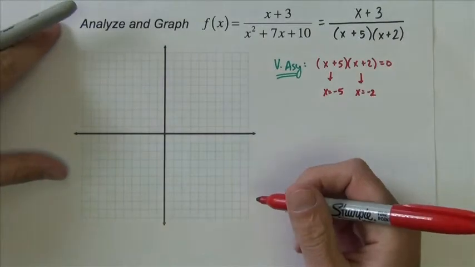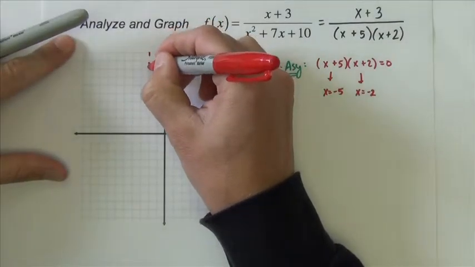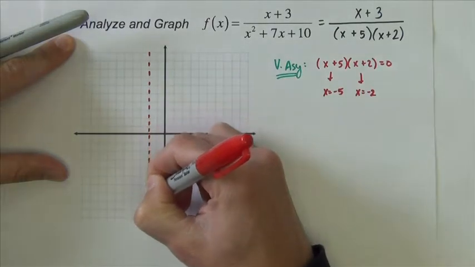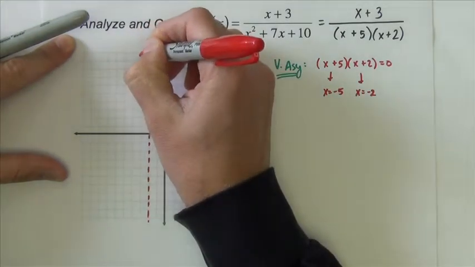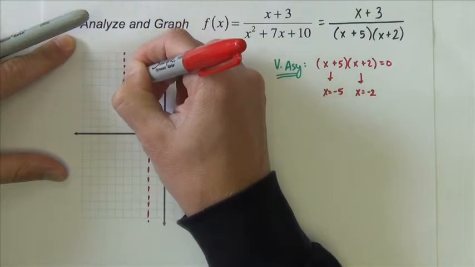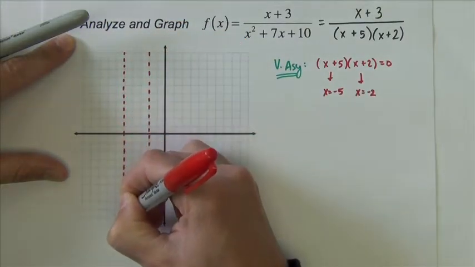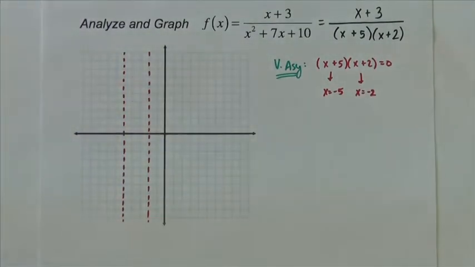There are actually two of them on this particular graph. So a vertical asymptote is at my -2, and 3, 4, 5, here's my -5. Okay, so I've got both of my vertical asymptotes in place.